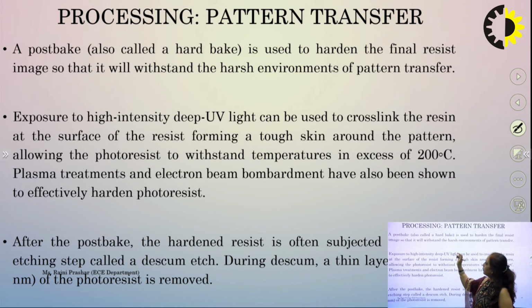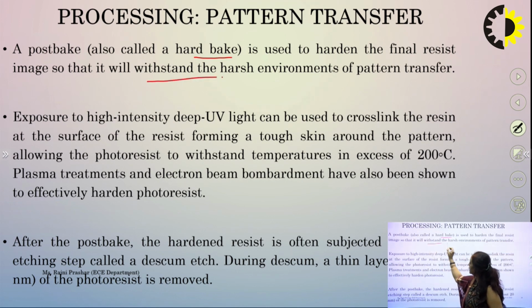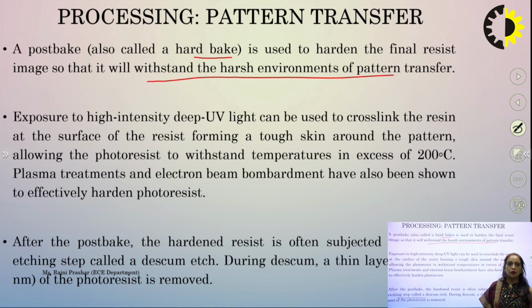A post bake is also known as the hard bake. It is used to harden the final resist image so that it will withstand the harsh environment of the pattern transfer process.